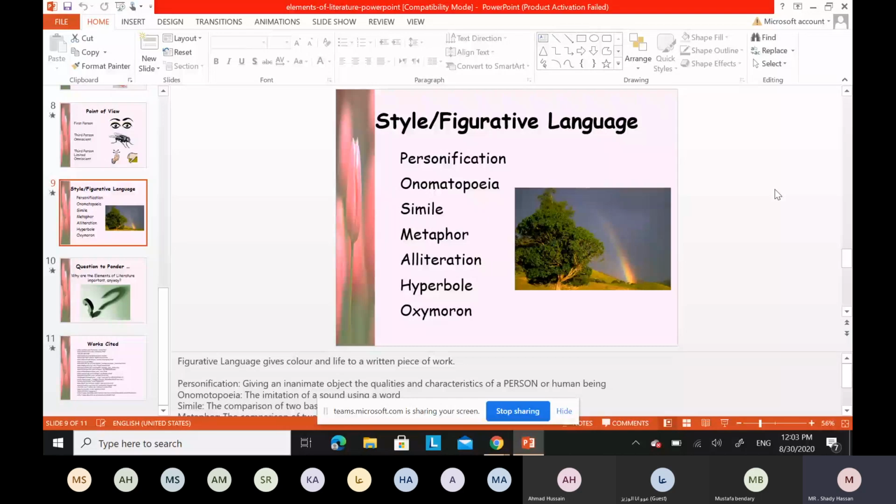So the repetition of sounds makes some kind of music. We call this alliteration. And in hyperbole, actually, we are exaggerating, saying, for example, I'm thirsty. I could drink the ocean. Nobody's going to drink the ocean, but this is exaggeration. And exaggeration in figurative language, we call it hyperbole.